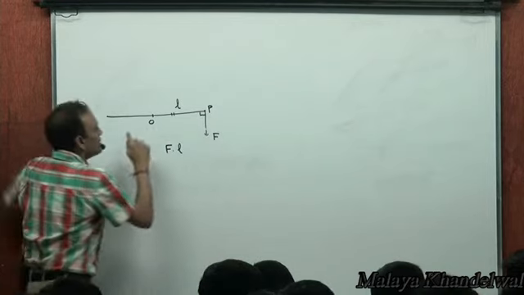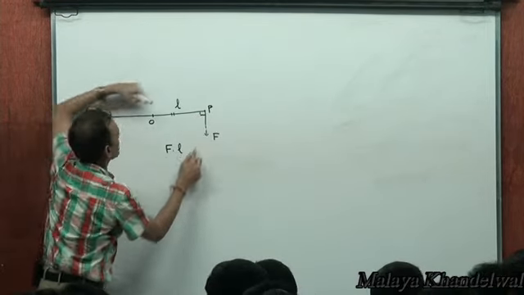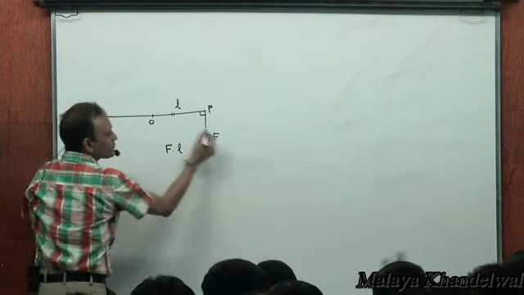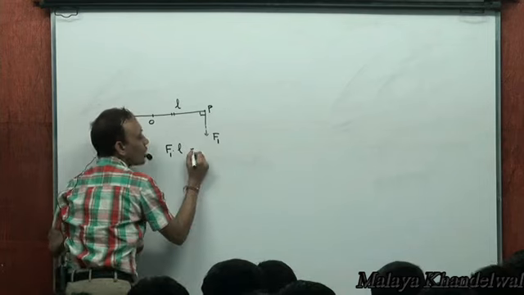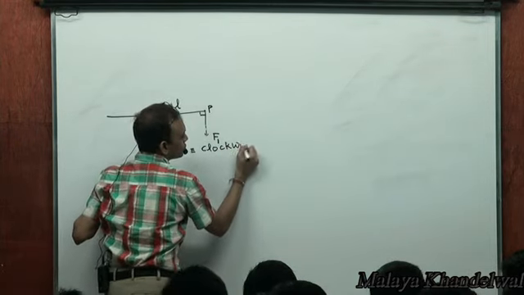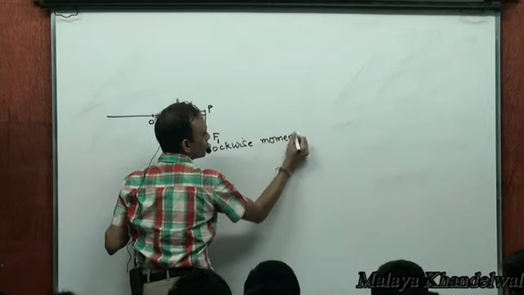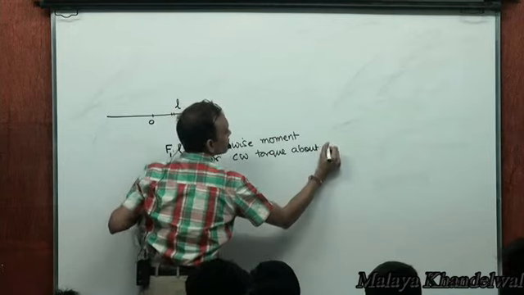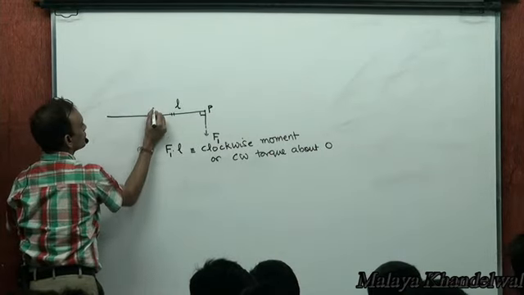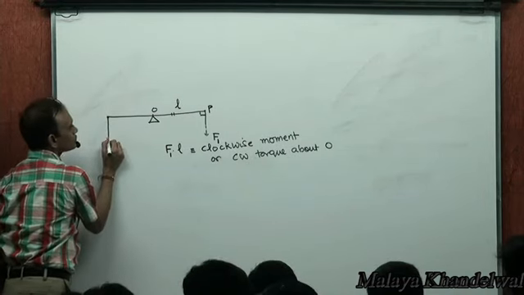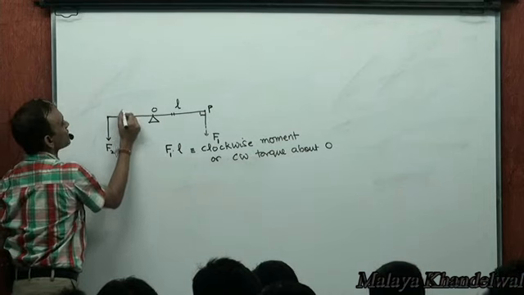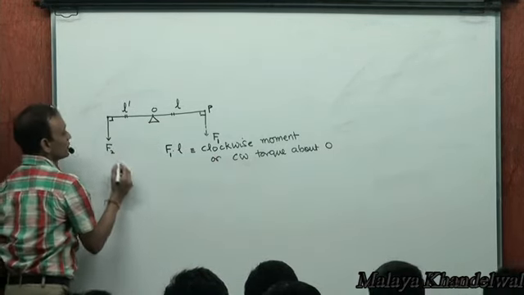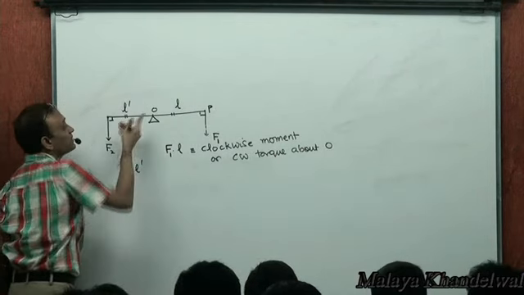Now in this case, imagine this to be a rod, and if a force F acts like this and it was hinged at O, then this would produce a clockwise torque about O. So this force, say F1, will produce what's called a clockwise moment or clockwise torque about O. Say O was a hinge, and if there was a force F2 acting at a perpendicular distance L prime from O, then this force F2 about this hinge will produce a torque F2 into L prime, and this would be anti-clockwise.